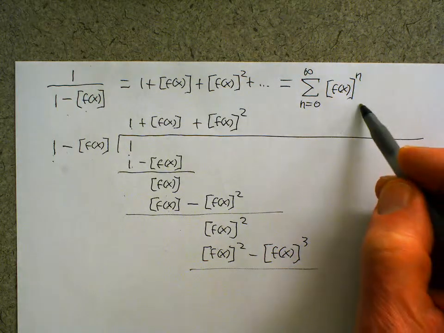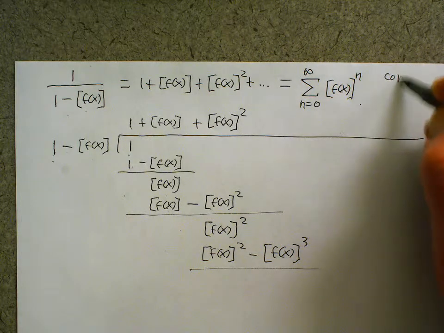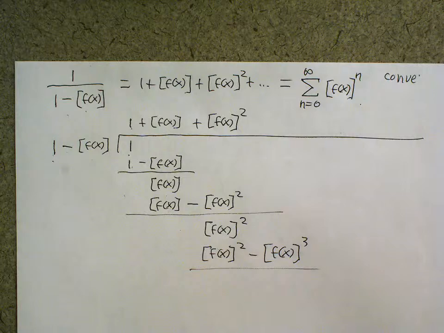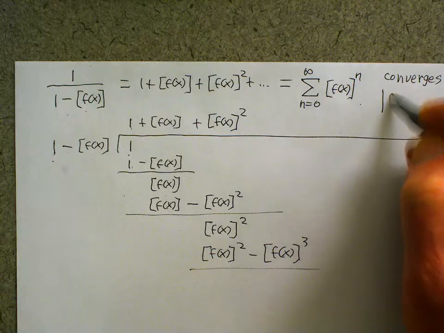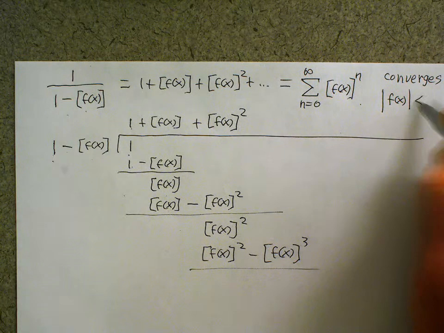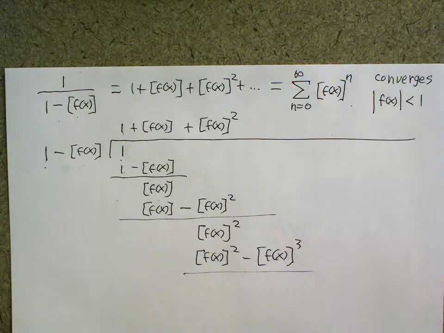And this converges. We're treating it as a geometric series, so it converges if the absolute value of f of x is less than 1. Pretty neat.